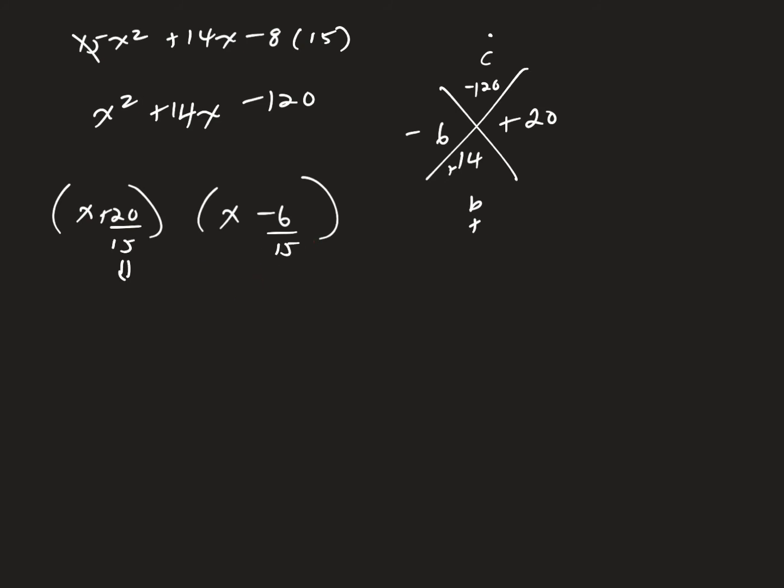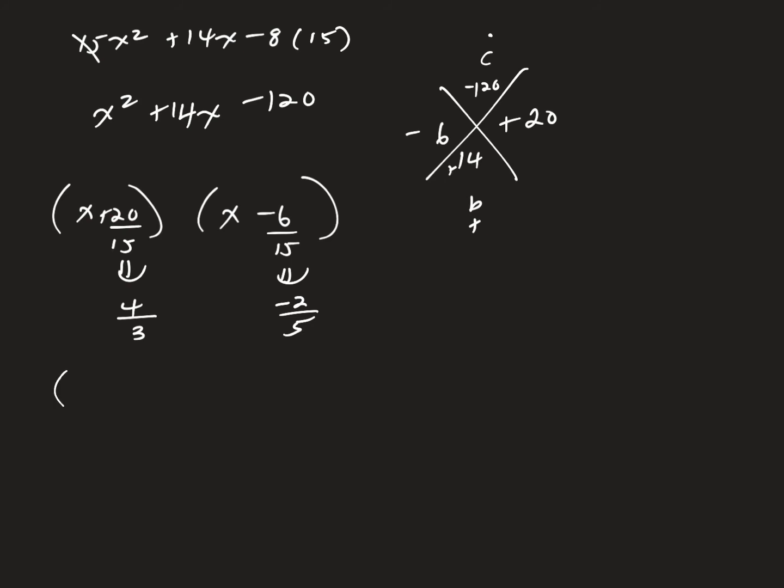And so when I do this, I can simplify each of these fractions. So I have 20 over 15, which gives me 4 over 3, and then this gives me negative 2 over 5. Well, this bottom term represents the coefficient of my x term in this binomial, and the numerator shows me what I'm adding to my x term in my binomial.